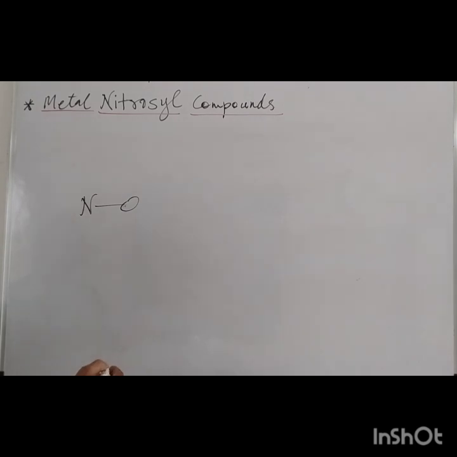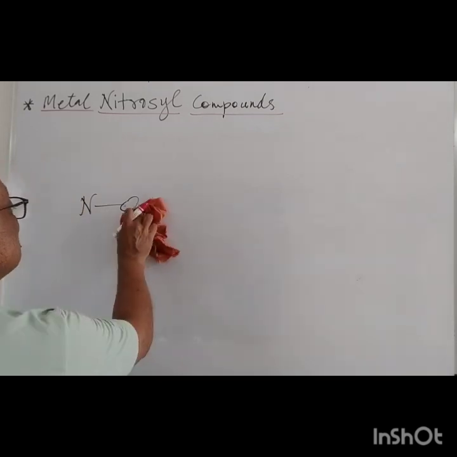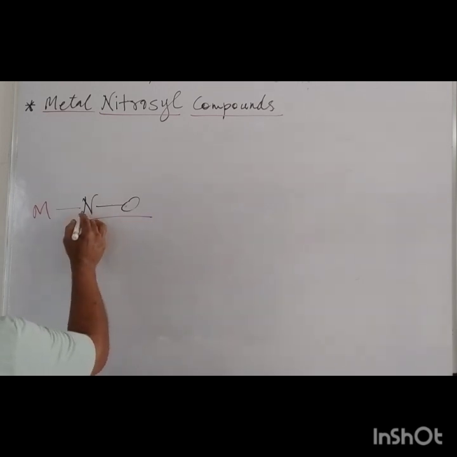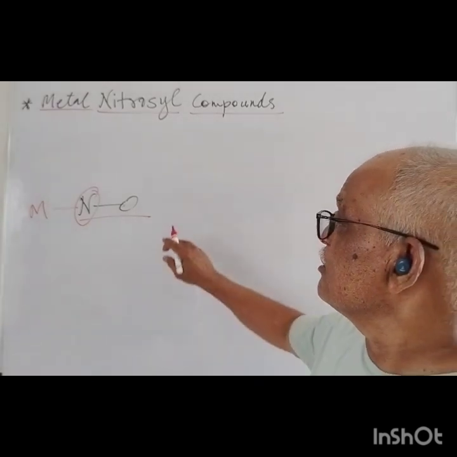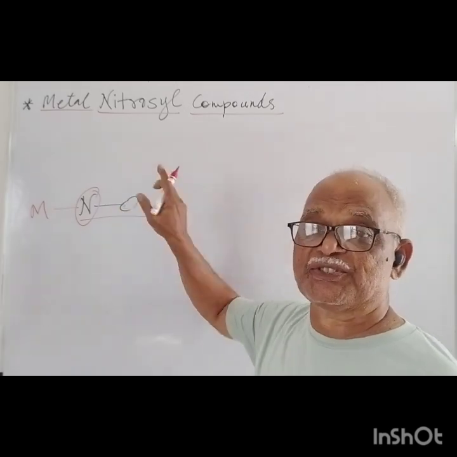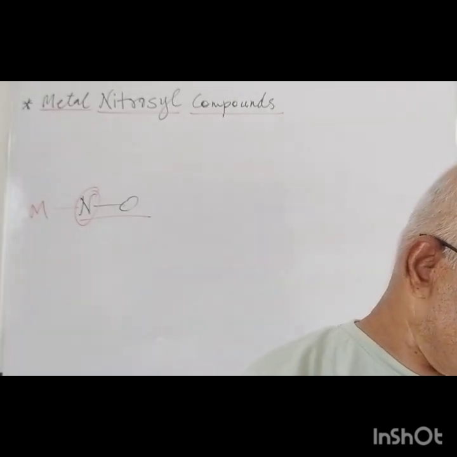Oxygen is more electronegative than nitrogen, but instead of showing attachment to the metal through oxygen, attachment through nitrogen is favored. So the metal always coordinates with the nitrosyl group using the nitrogen terminal, in order to avoid charge residing on oxygen, because it is more electronegative.